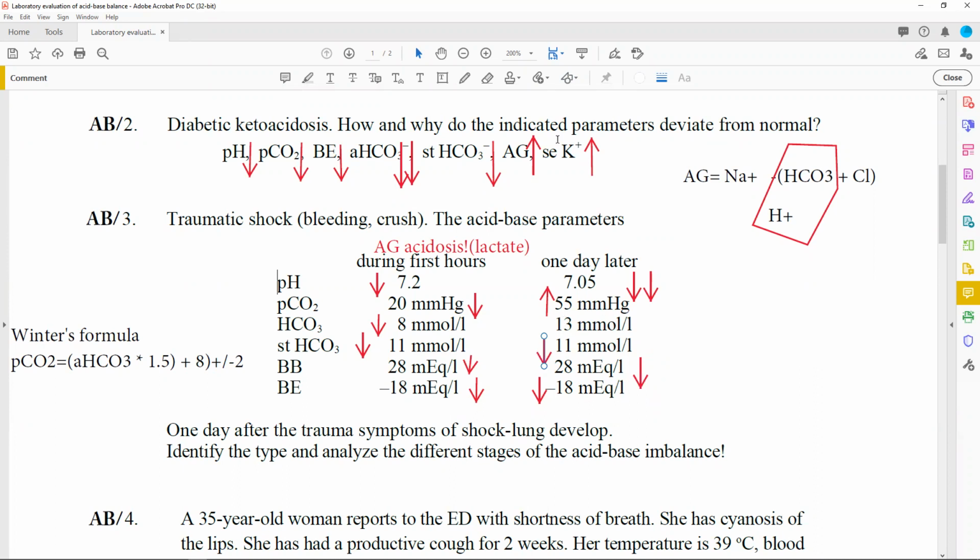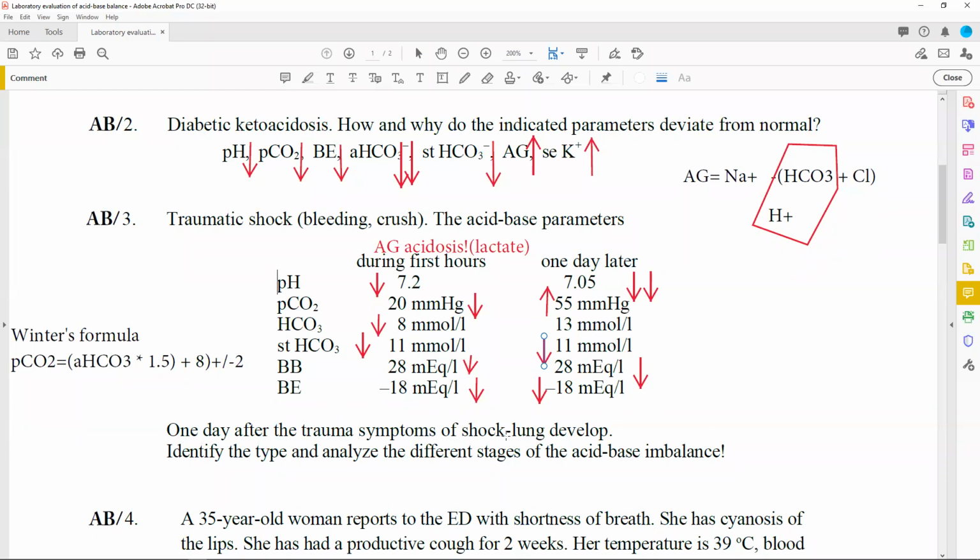And now we do have a mixed acid-base disorder. Now we do have a respiratory and metabolic acidosis. This is due to the shock lung developed, the ARDS developed, and this is why this patient now has a combined acid-base disorder, not a simple one.